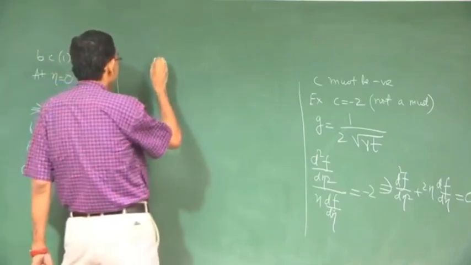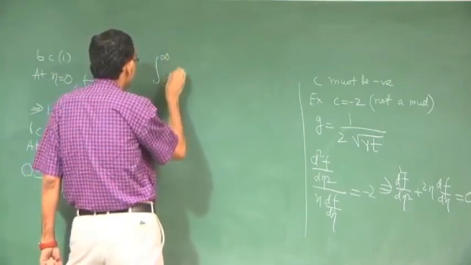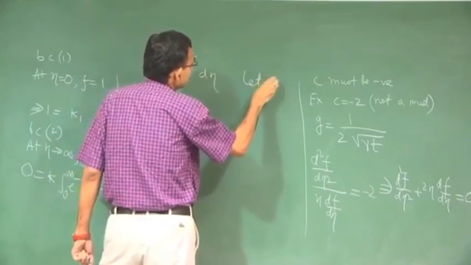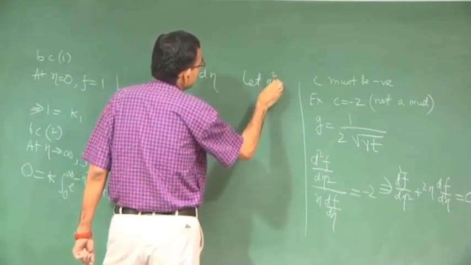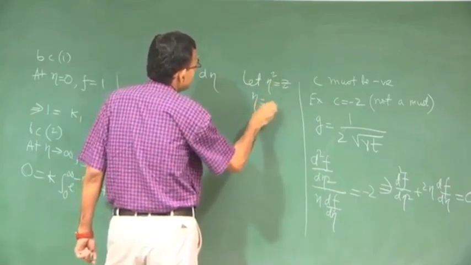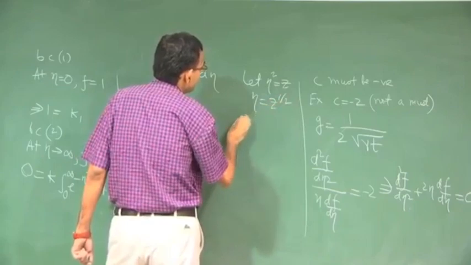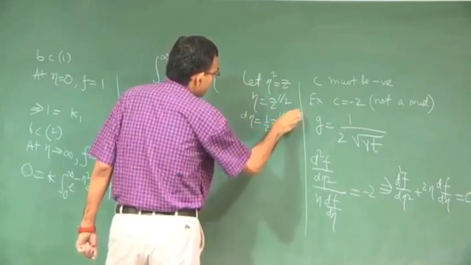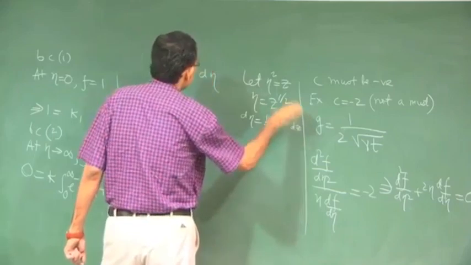So, now integral 0 to infinity e to the power minus eta square d eta, let eta square is equal to z. So, eta is equal to z to the power half. So, d eta is half z to the power half minus 1 dz.